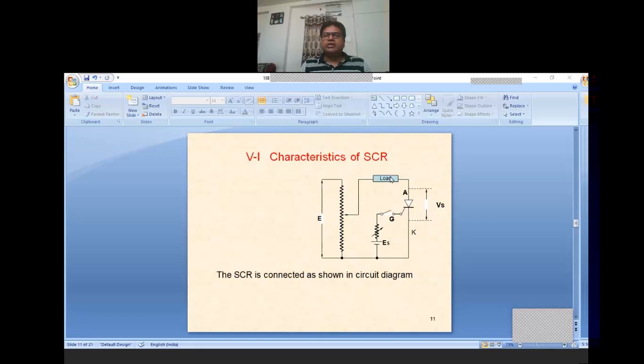The given SCR is connected in series with the load. The actual supply is shown here, and a variable supply is given to the load and SCR circuit so that it can be gradually increased from 0 to the desired values.